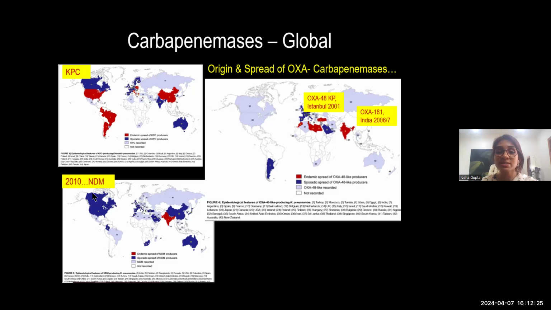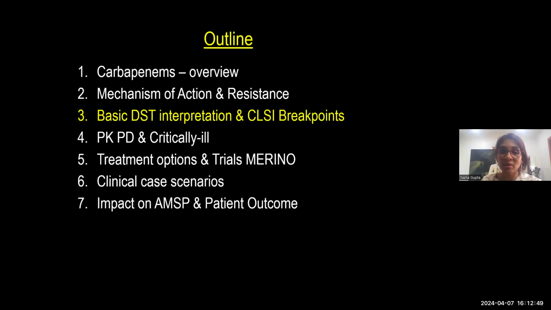Subsequently, there has also been origin as well as spread of other oxacillinases described in India since 2006 and 7. The first was OXA-181, and now we are seeing OXA-48 in many parts of India, which is close to 20 to 30% among Klebsiella pneumoniae.